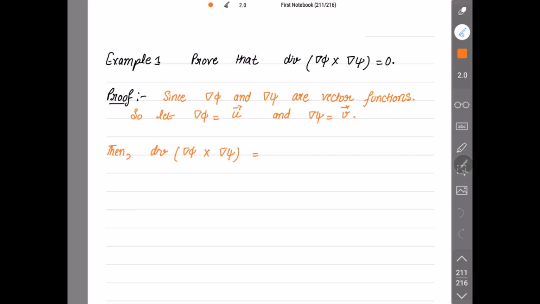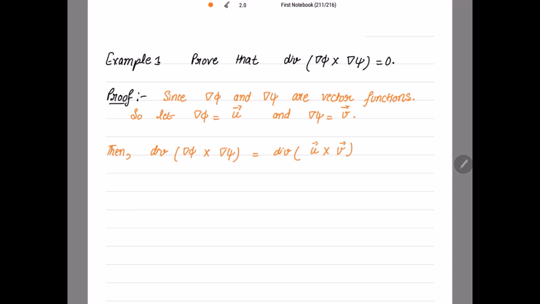Now let's start with the proof. The divergence of del phi cross del xi is equal to the divergence of u vector cross v vector. Let's solve this first.